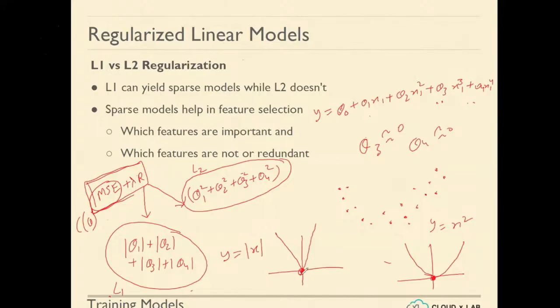So if theta 3 and theta 4 are not required, theta 3 will be 0, theta 4 will be 0, which means you are only left with theta 0, theta 1, theta 2, and these terms we don't have. So if we don't want the cubic feature or the degree 4 feature, then we can use L1 regularization, right?